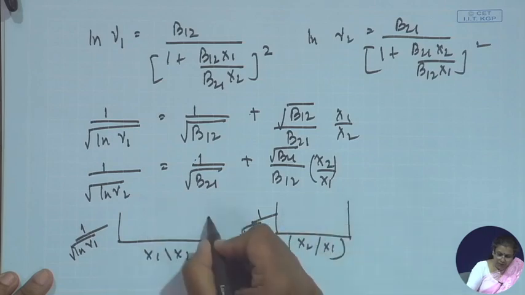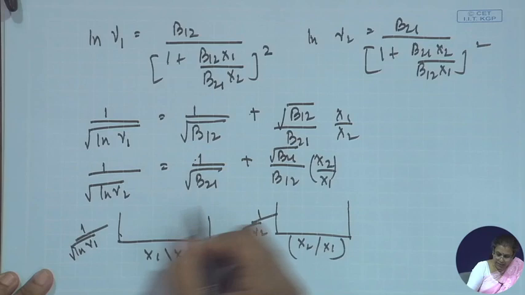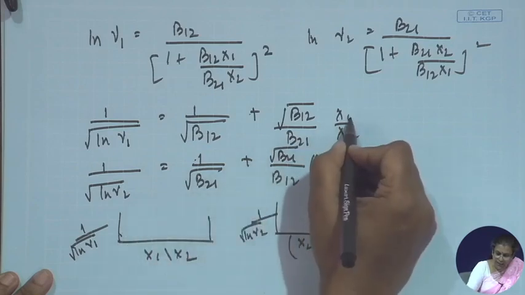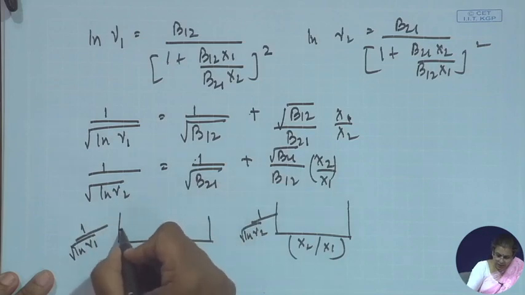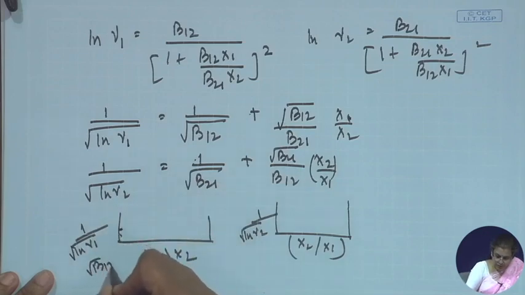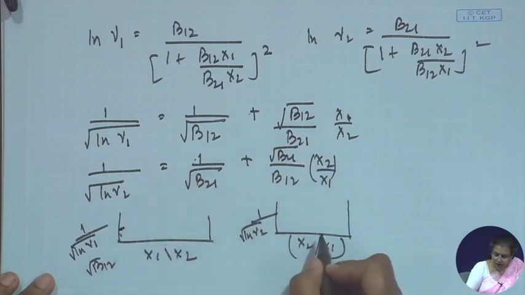At x1 equals 0 the intercept will be root B12, and from the other plot we can find B21.